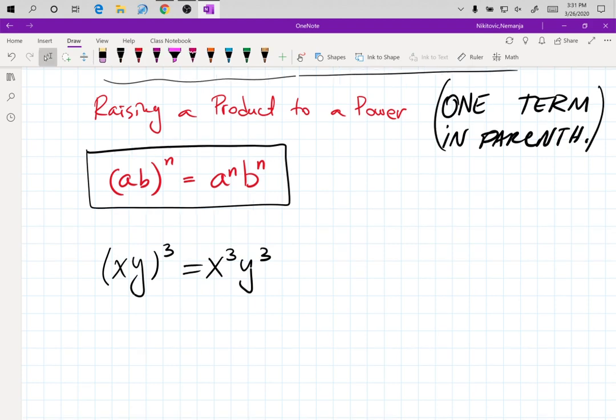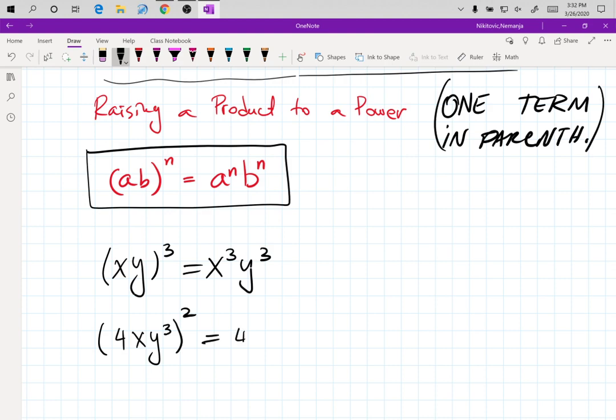What else would be a cool example? Maybe, how about 4xy cubed squared? This is also a nice, simple example.